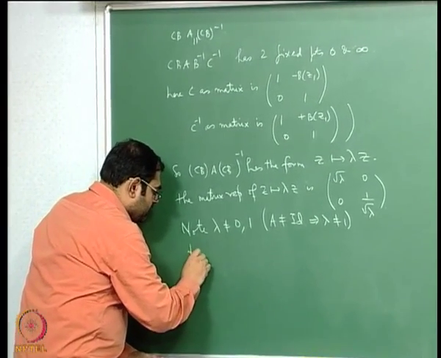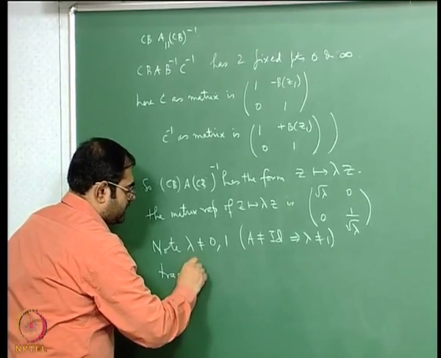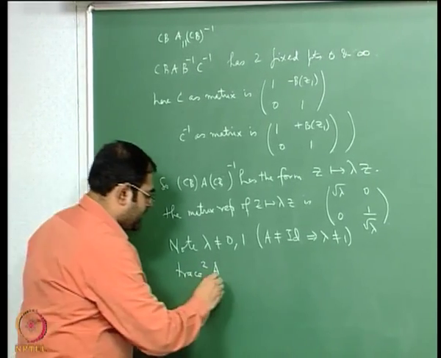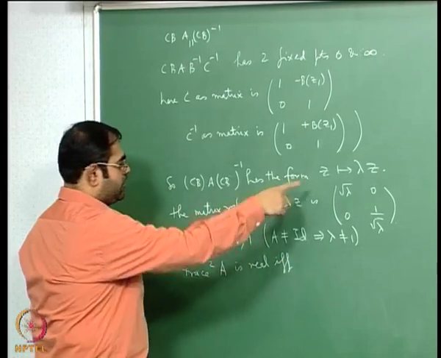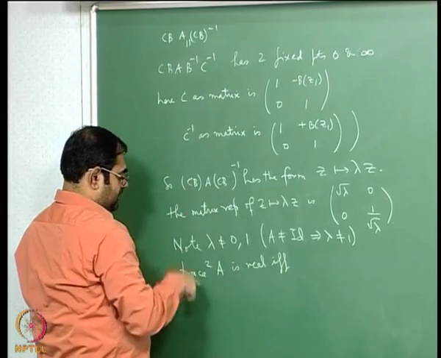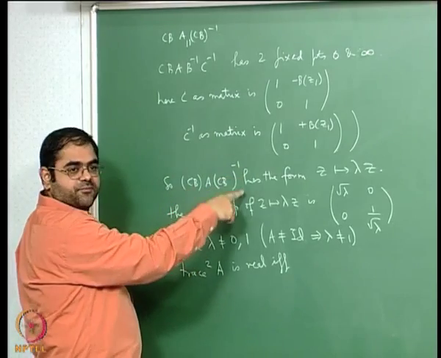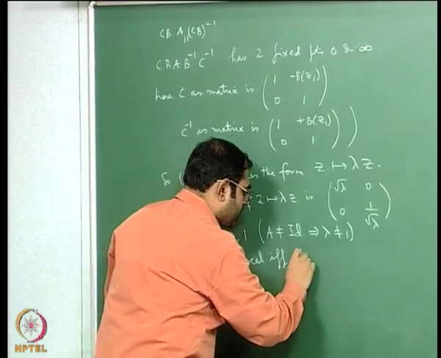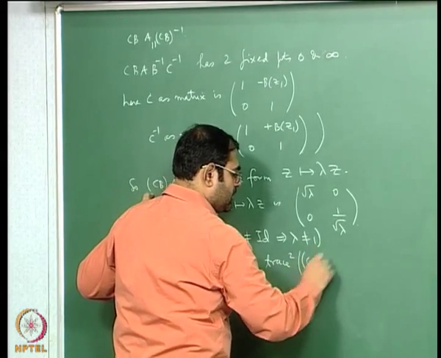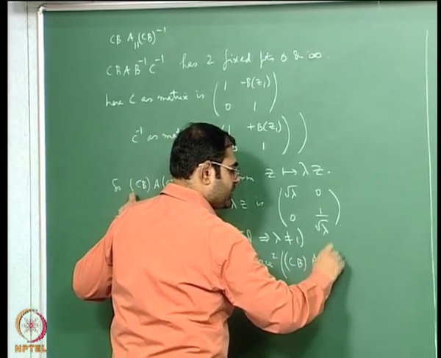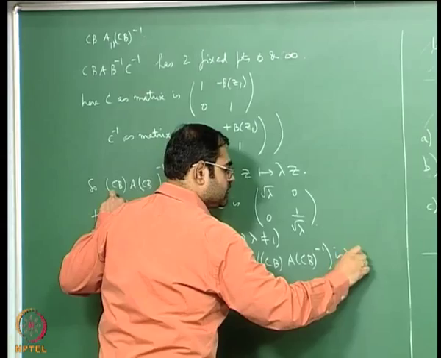You see, trace squared of A is real if and only if trace squared of C B A C B inverse is real.